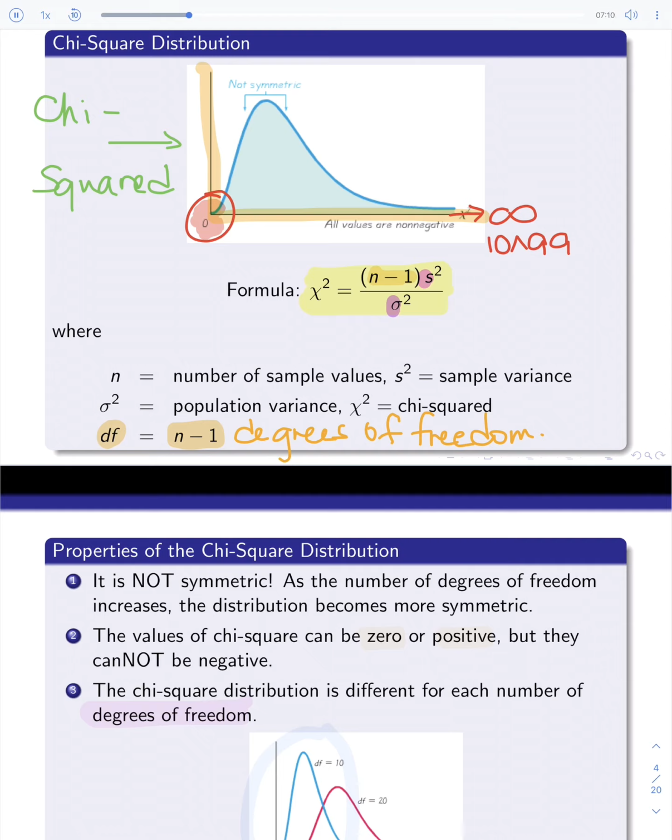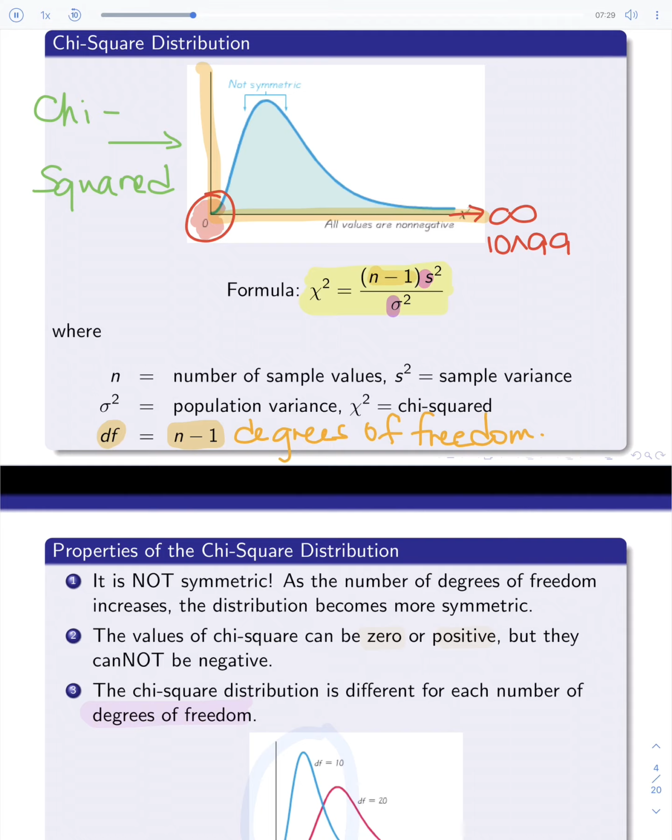A little bit more background on this chi-square distribution. We are going to use this at the end of Chapter 7, in 7.3, and we're also going to use it at the end of Chapter 8. So don't avoid it. It's going to get used over and over again.